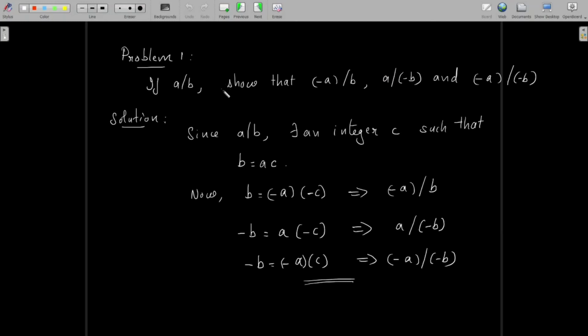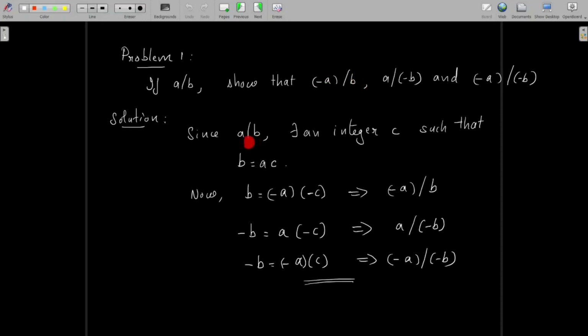So, let us have some similar problems also. Problem 1. If A divides B, show that minus A divides B, A divides minus B, and minus A divides minus B. Solution. Since A divides B, there exists an integer C such that B equals A into C. We have to show that minus A divides B. That is, we have to express B equal to minus A into some integer.